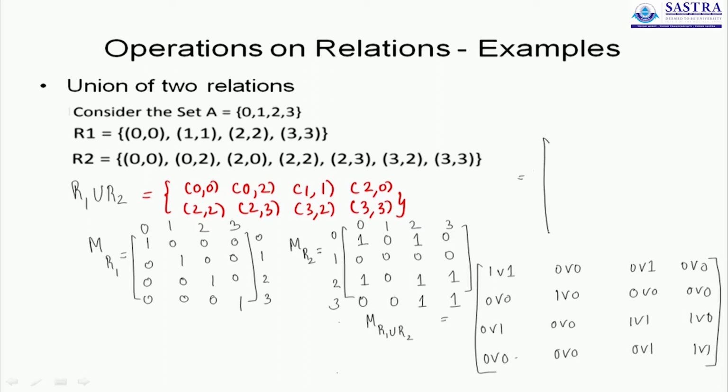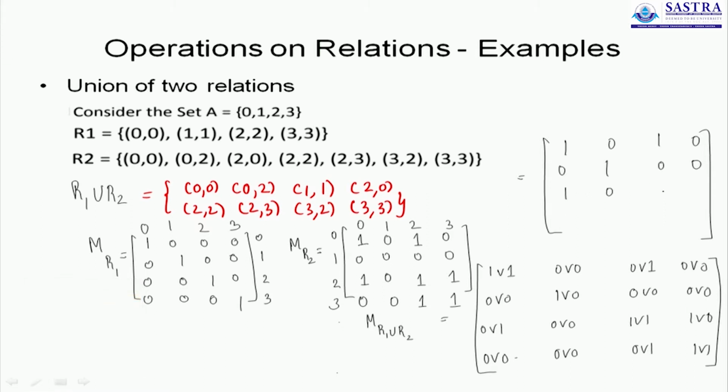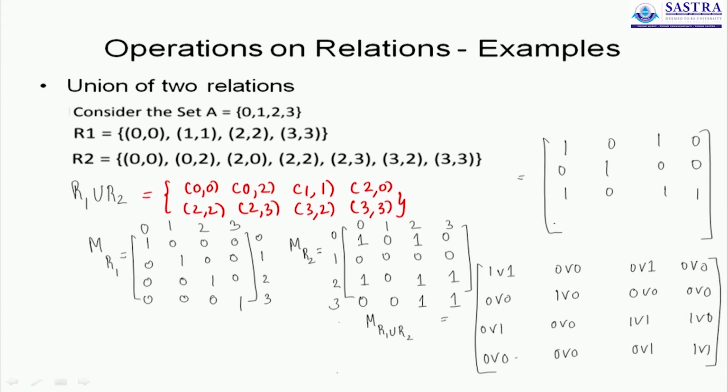Therefore, our matrix is just going to be a disjunction of these two numbers, so that's 1, 0, 1, 0, 0, 1, 0, 0, 1, 0, 1, 0, 0, 0, 1, 1.